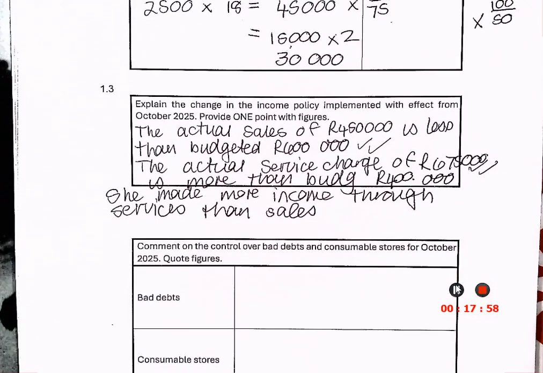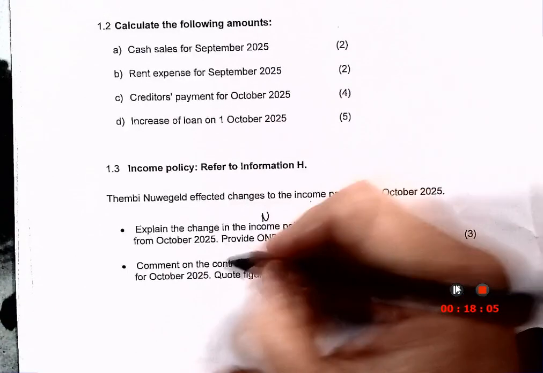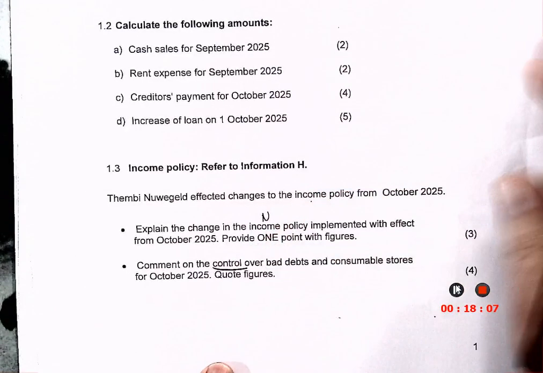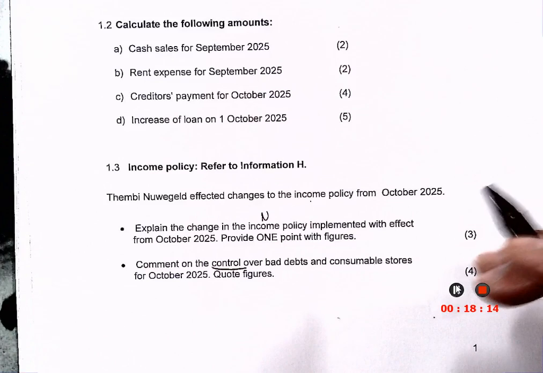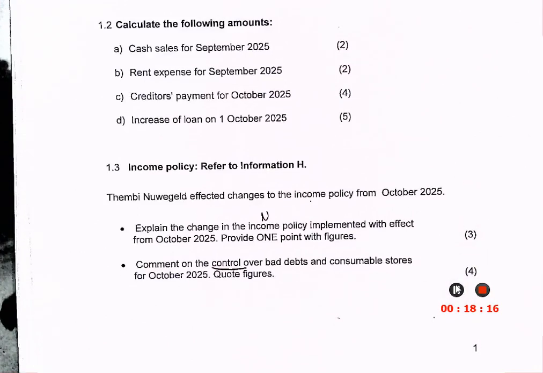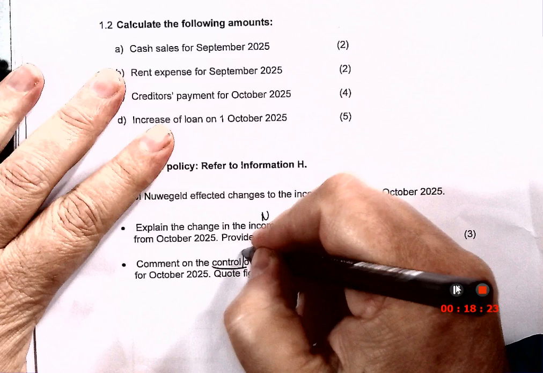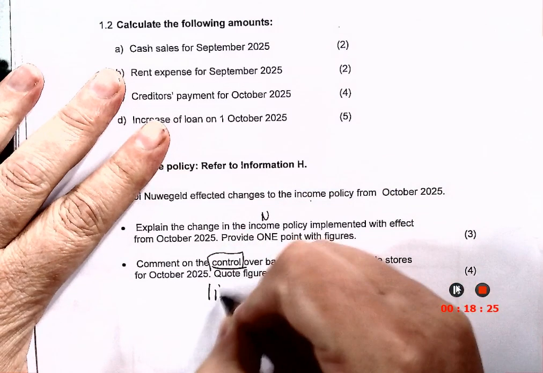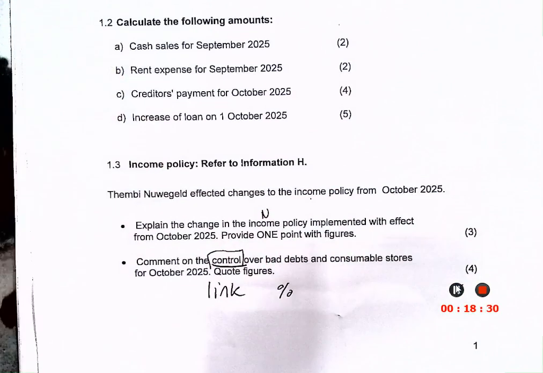The next question: comment on the control over bad debts and consumable stores. Now, the moment you control something, you can't just say, oh, something went up, so that's bad control, or something is less, so that's good control. You can't do that. You have to go see. The moment they talk control, you make a link and you get a percentage. So what is the link and what's the percentage?